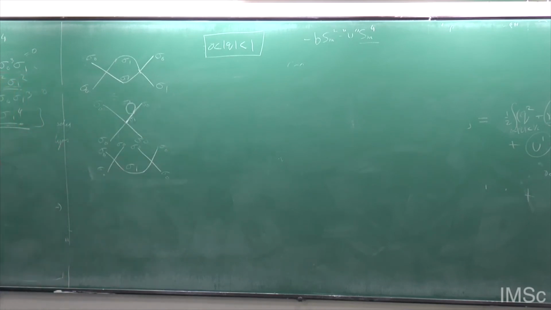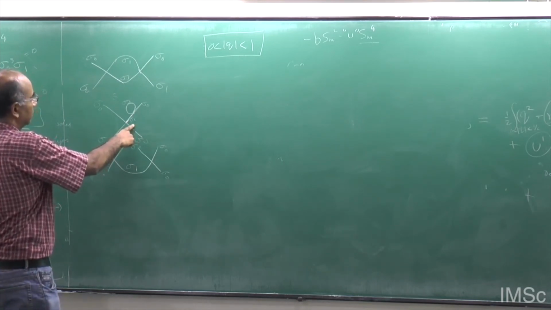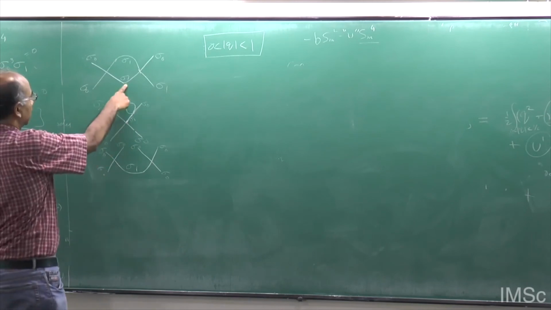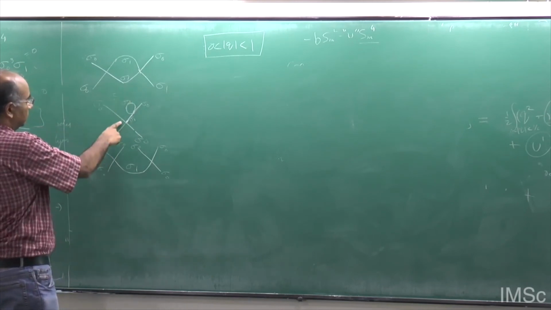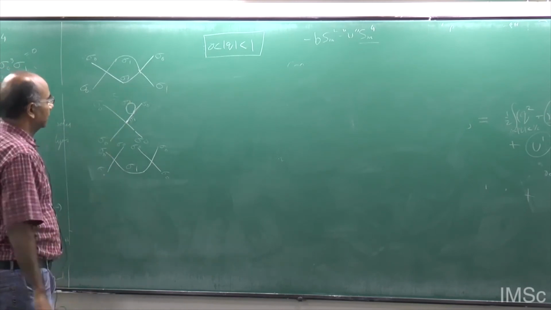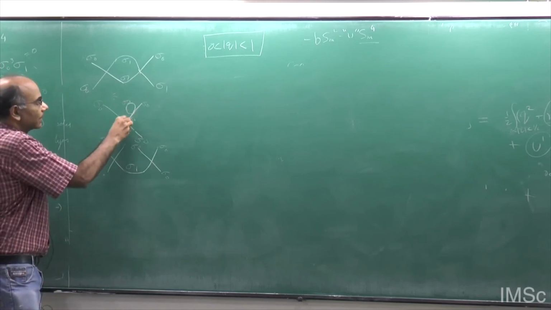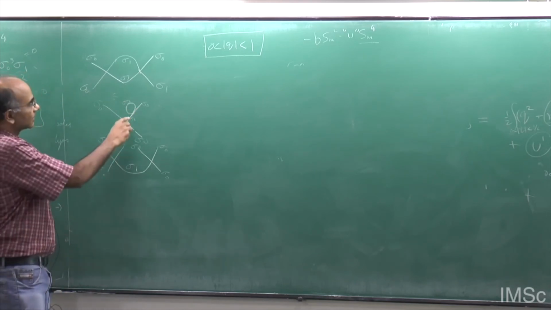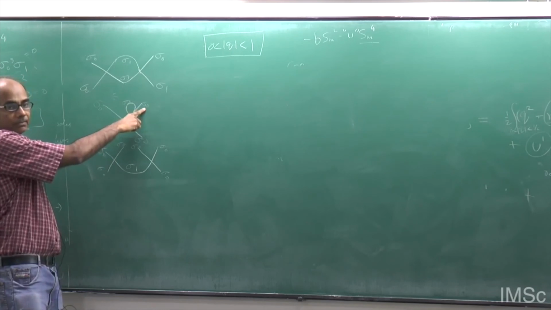That cannot be sigma. Which one? This one. Why? No, the other one. This one. No, the same diagram. You said that the internal line is sigma 1. This one is sigma 1. This is sigma 1 cubed sigma naught term. This one.